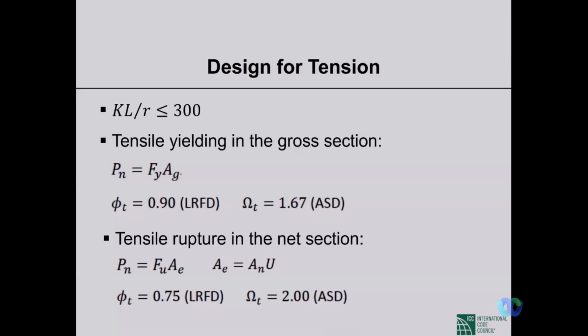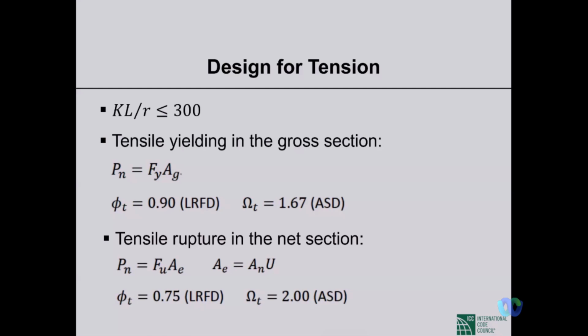The members that are supposed to be tension members, still for those members, we have to design in such a way that the slenderness ratio must be less than 300. Okay, so slenderness ratio can never be more than 300. Otherwise we have to increase the size of the section. In the gross section, we have to give two checks.